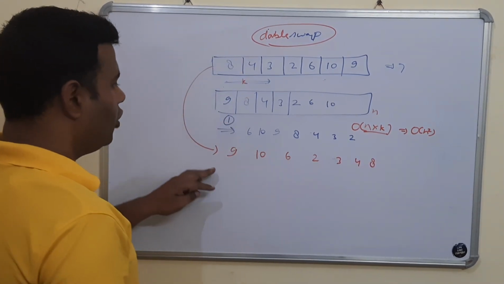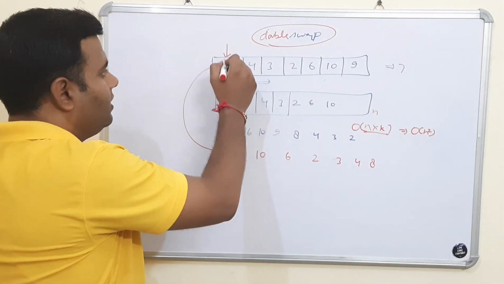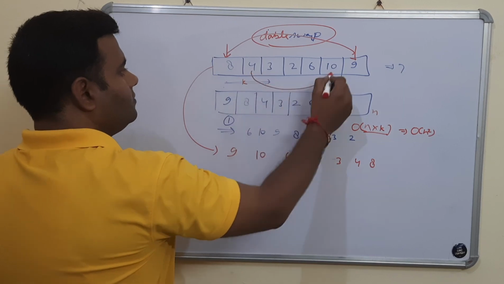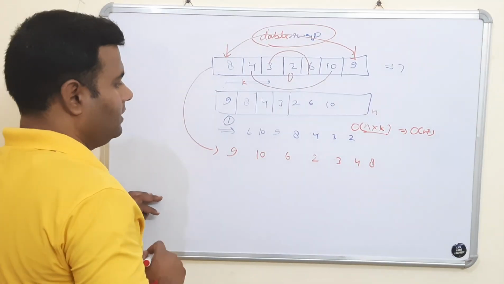You can do this in O(n) complexity by starting a pointer from here to here and just keep swapping. This will remain here. So this is how you can reverse in O(n) time.